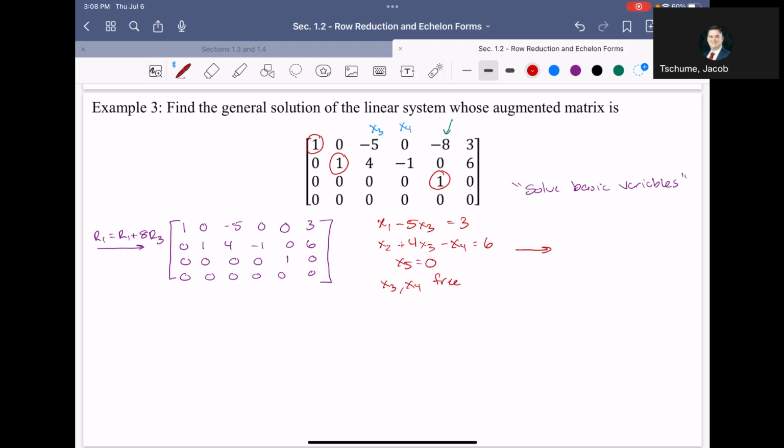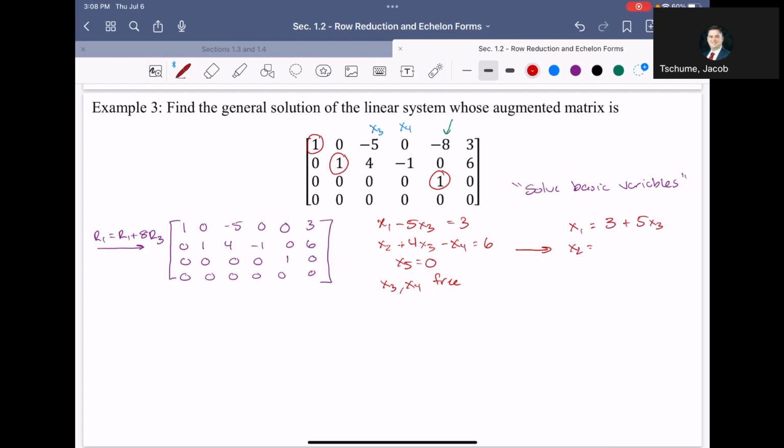In the first equation, x1 is my basic variable based on what I have circled at the top. So if I do some algebra and get x1 by itself, this would be 3 plus 5x3. In the second equation, x2 is your basic variable.